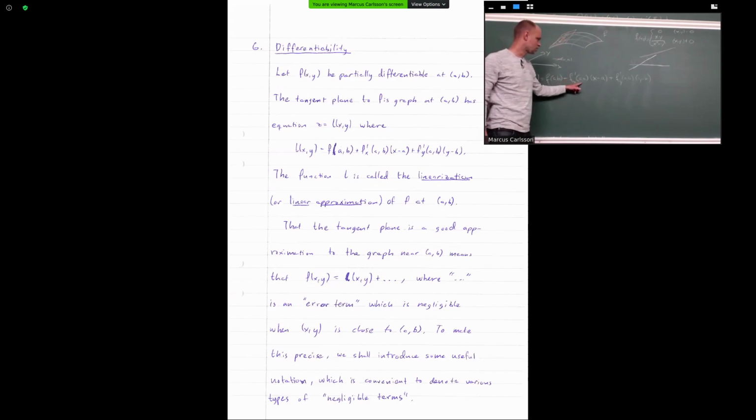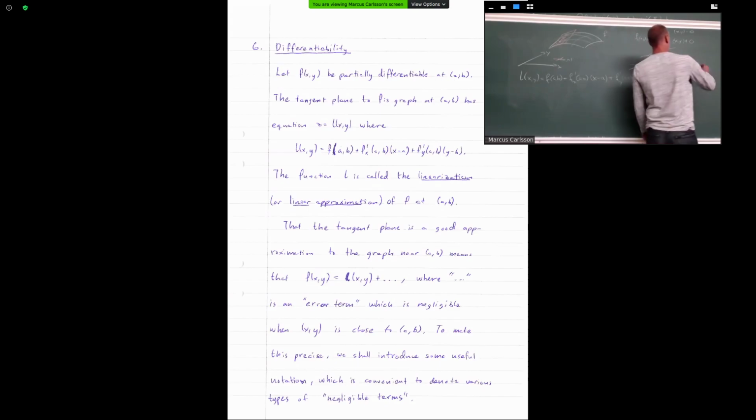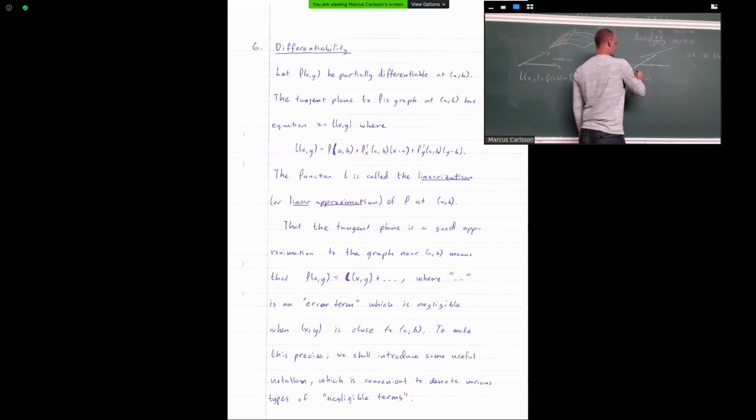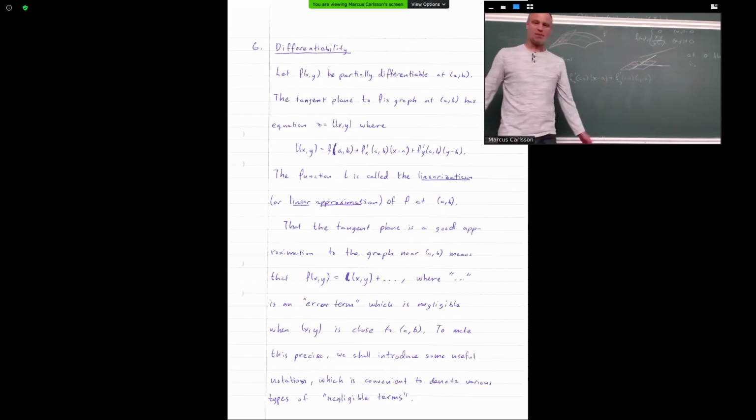Well, the first partial derivative is 0, the second partial derivative is 0, and the value is 0 at 0. So at 0 the tangent plane is what? It's just the xy plane, right? Nothing happens.